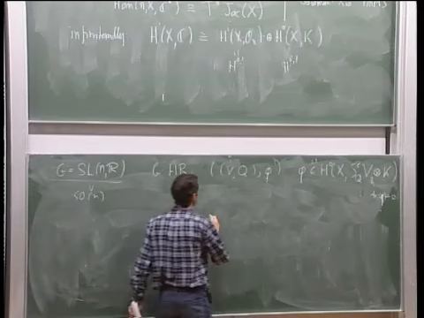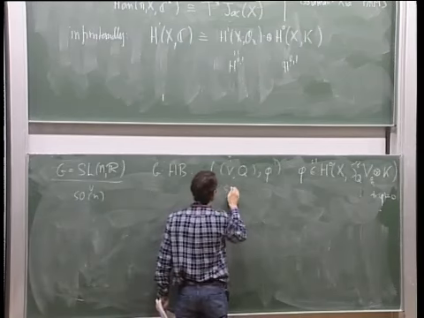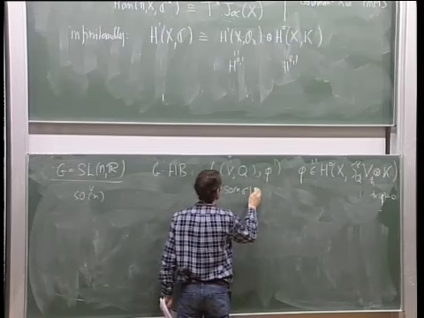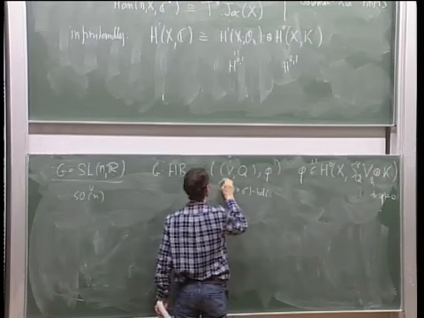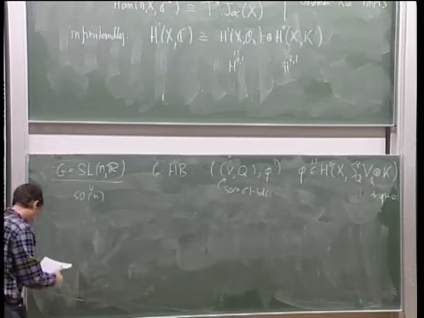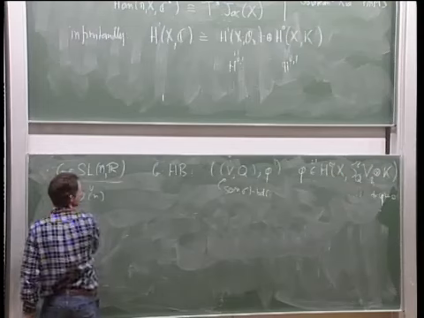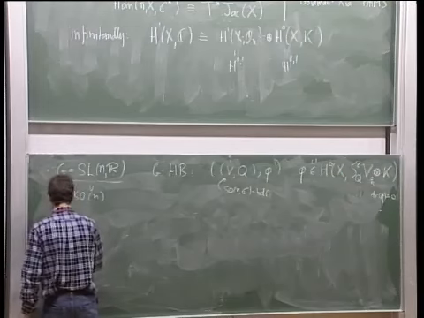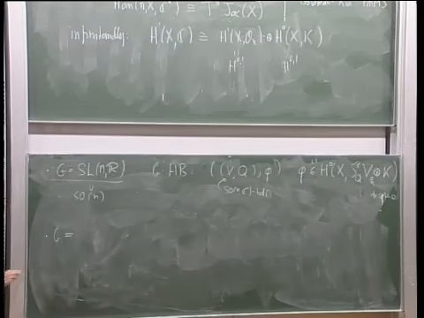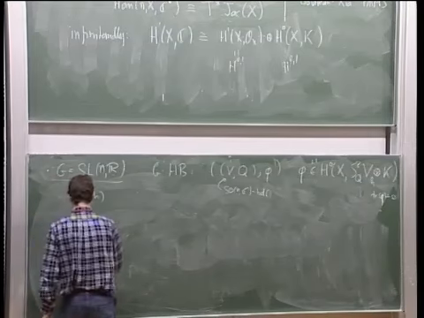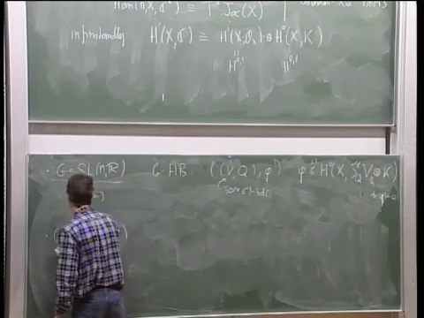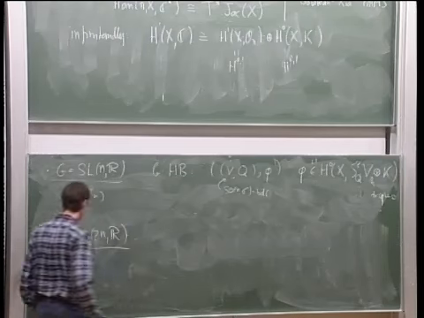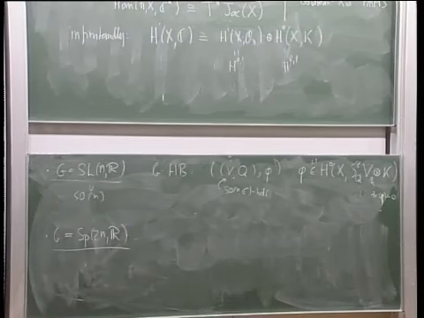Okay, so that's SONC. Okay, I'm not going to say much more about that. I'll move on to another one, which is, in a way, both interesting and quite a paradigmatic example, which is the real symplectic group.